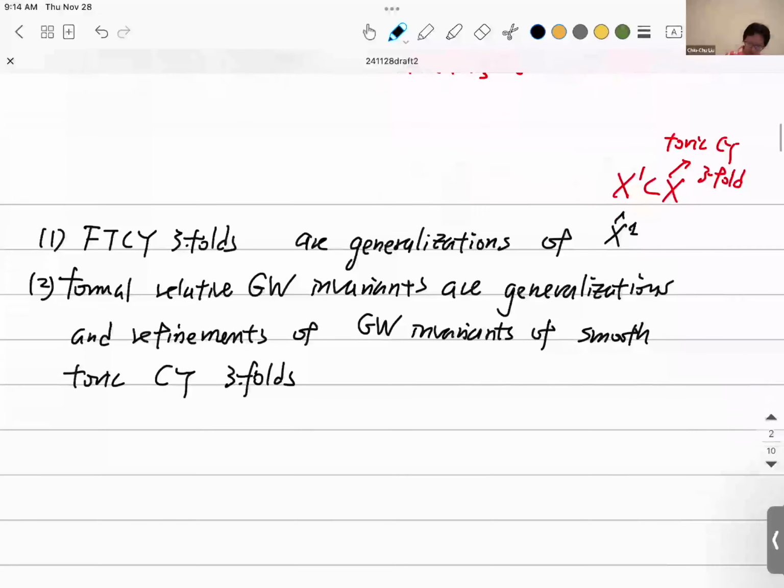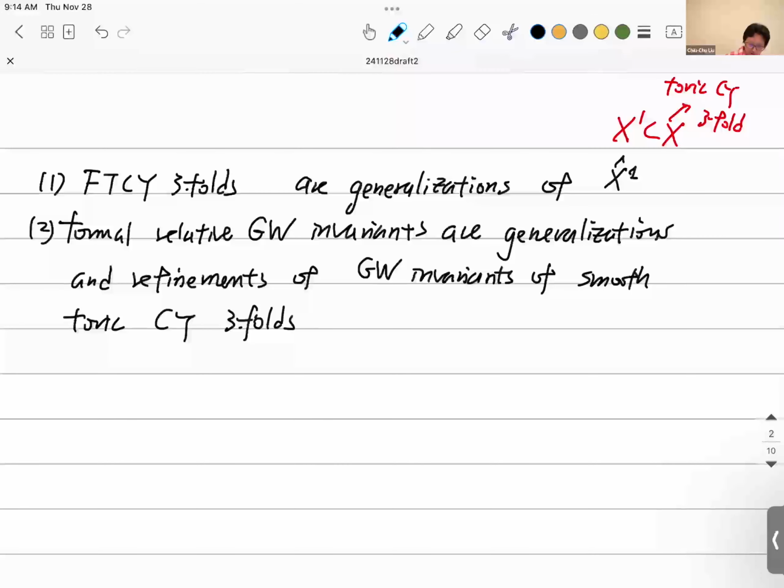Let me first make the first point. For example, you see that we can allow this kind of graph. We only require it to be locally planar.